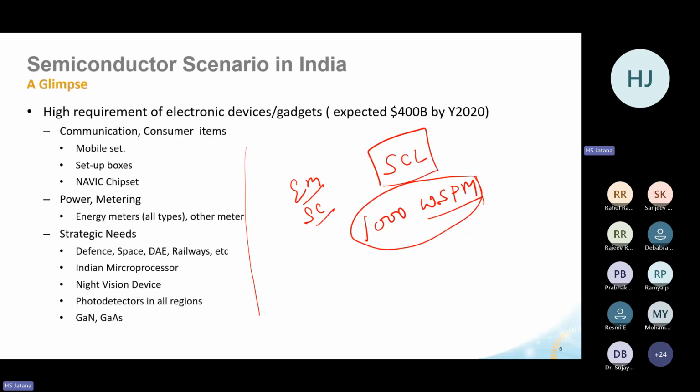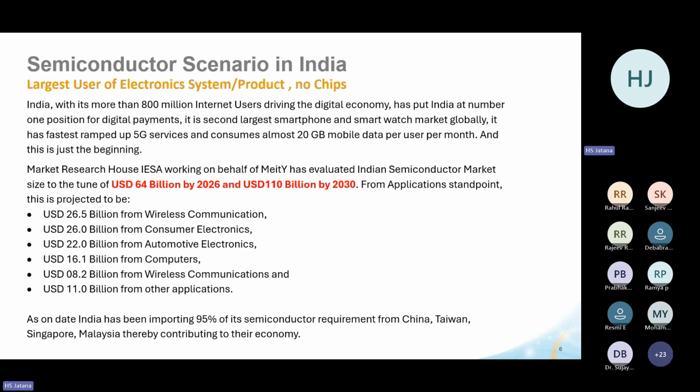So this is the scenario, and as you are aware, there is some data available of how much devices India imports, in various areas like wireless communication, a $26 billion market, consumer electronics, automotive.